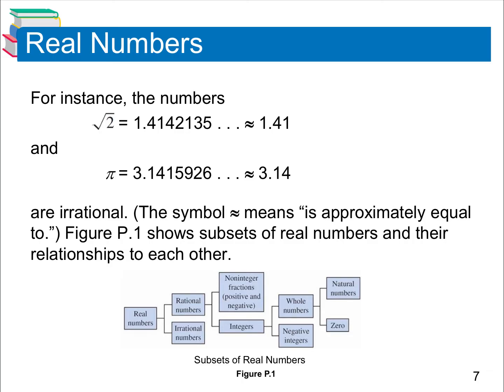So with that, you have to look: is it positive or is it negative? Does it have a fraction or decimal attached to it? If it has a fraction or a decimal attached to it, it stops at being a rational number. It does not classify as anything else. However, if it does not have a fraction or a decimal attached to it, it could be either an integer or a whole number as well. In order for a number to be a whole number, it also has to be an integer.